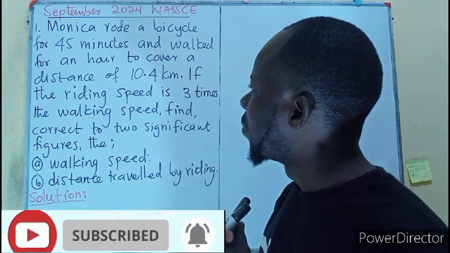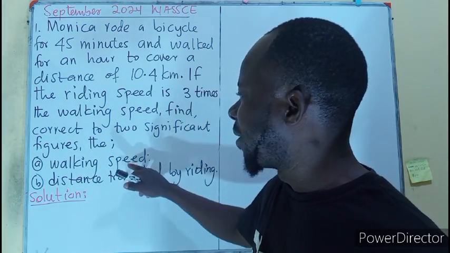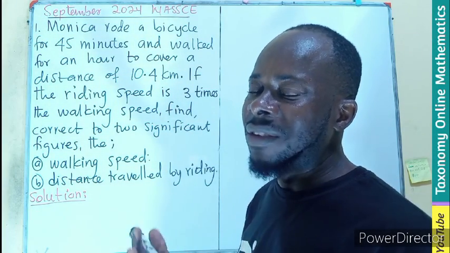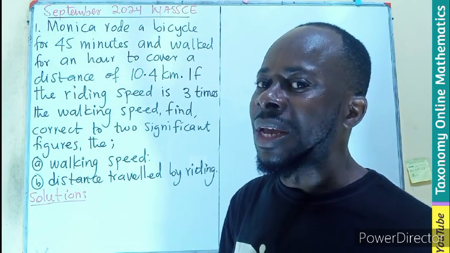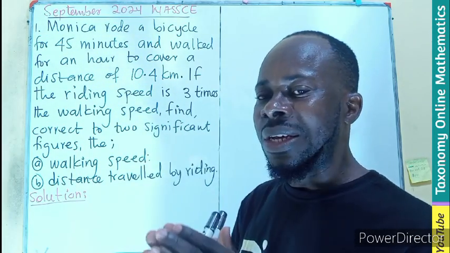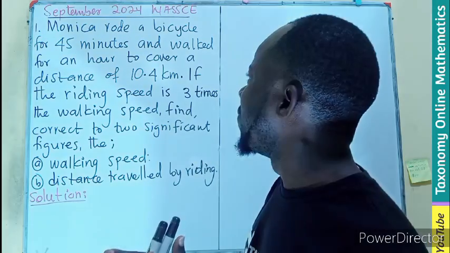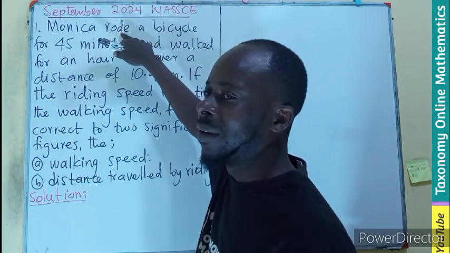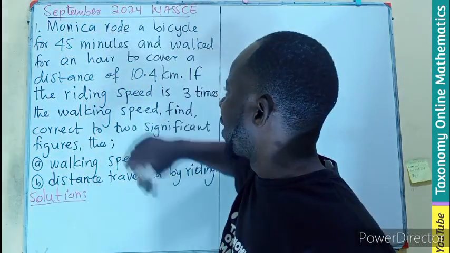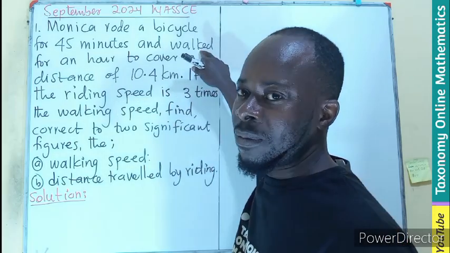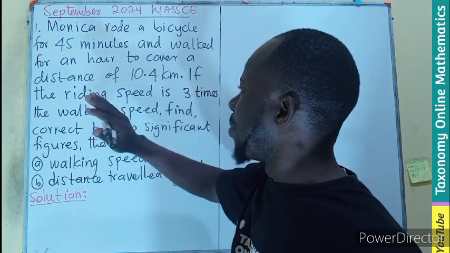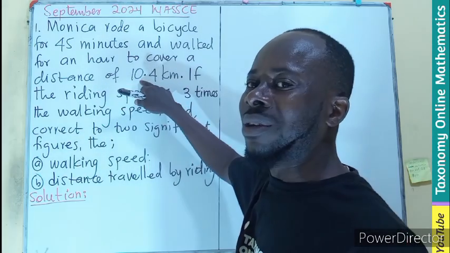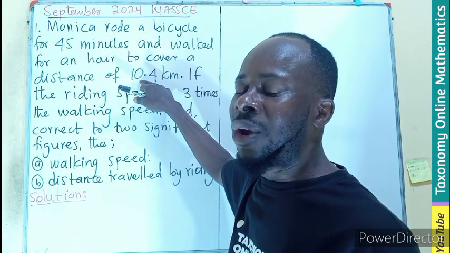So the first thing we need to know is how to find speed. In finding speed, it is the distance covered over the time taken. And this journey was taken in two instances. The first instance was riding. Then the second instance was what? Walking. And in the two, riding and walking, they both cover a total distance of 10.4 kilometers.